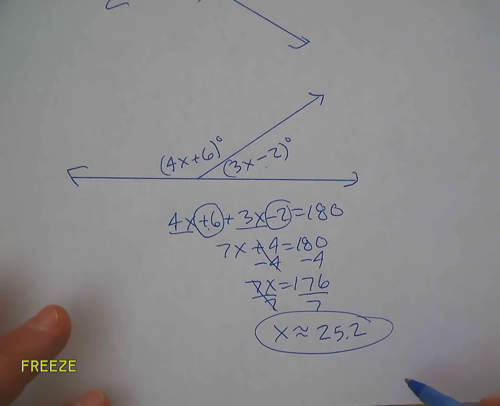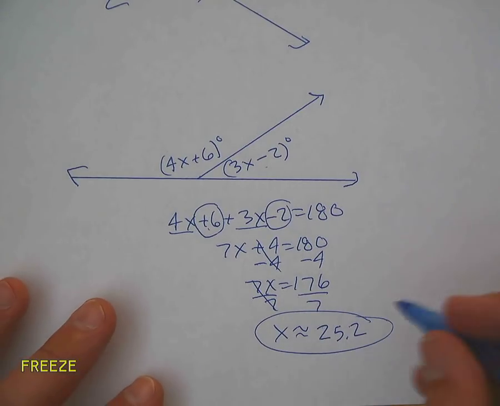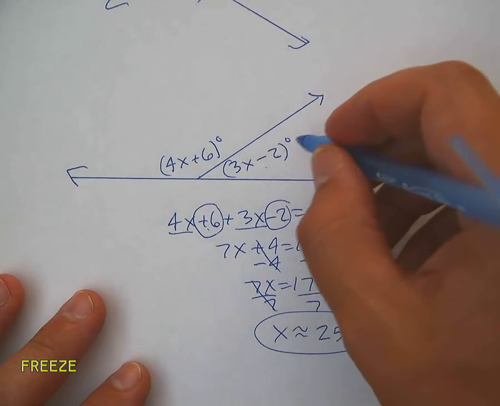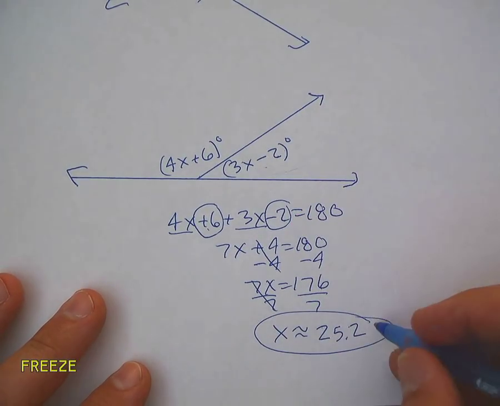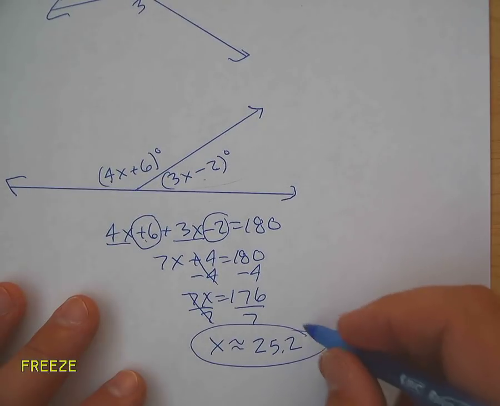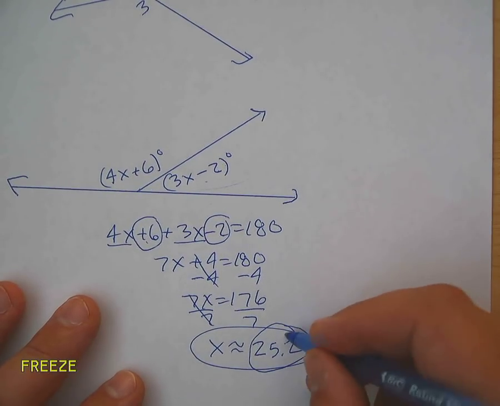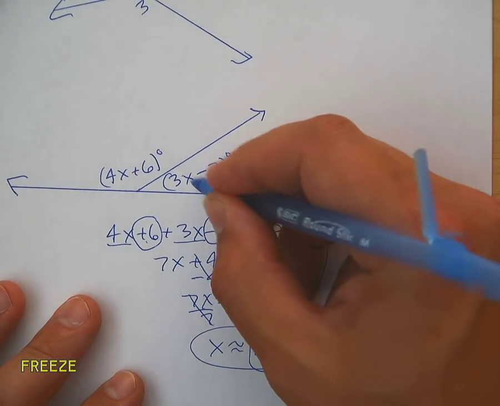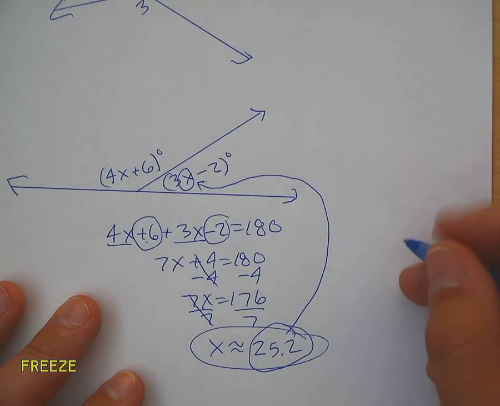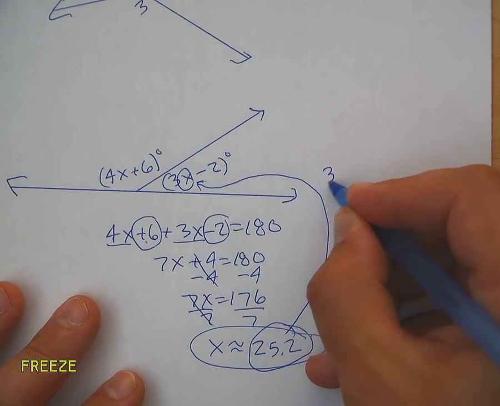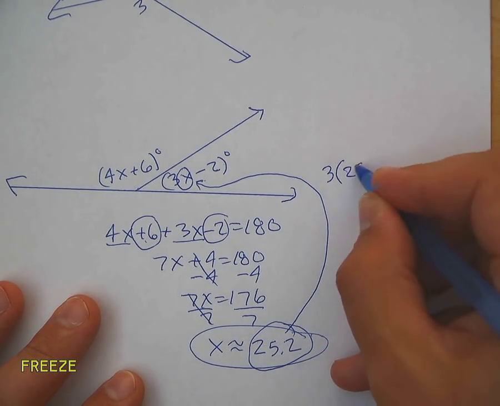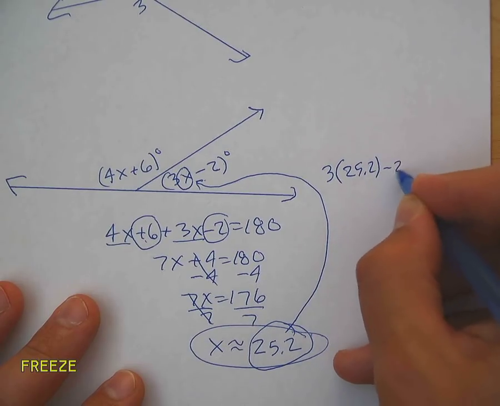Okay, now let's say I want to figure out what this angle is, the smaller of the two angles. So what I'm going to do is I'm going to take the 25.2 and I'm going to plug it in place of this x here. So it becomes 3 times 25.2 minus 2.